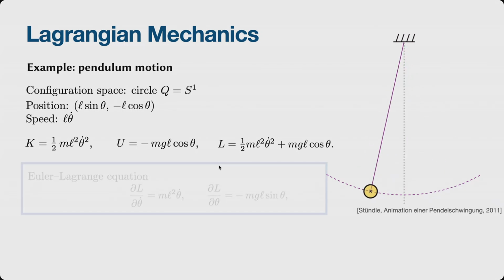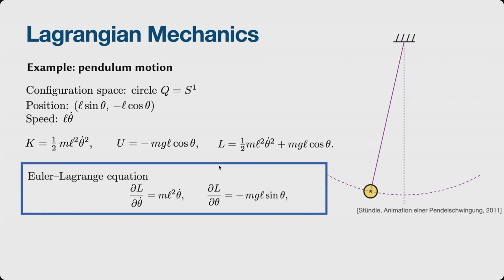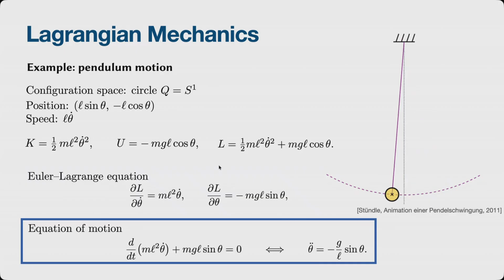So the Euler-Lagrange equation states that partial L over partial theta dot equals m L squared theta dot, and partial L over partial theta equals negative m g L sine theta. And this will give us the equation of motion, where we'll be able to get an expression for the acceleration of our angle, which equals negative g over L times sine theta.